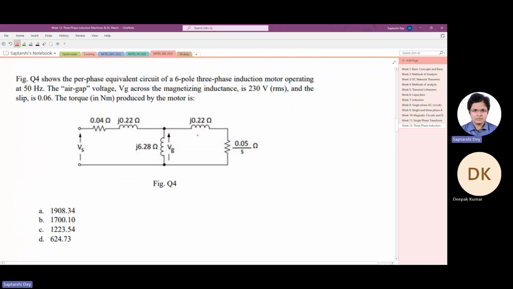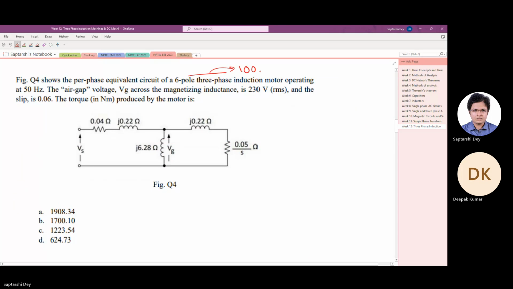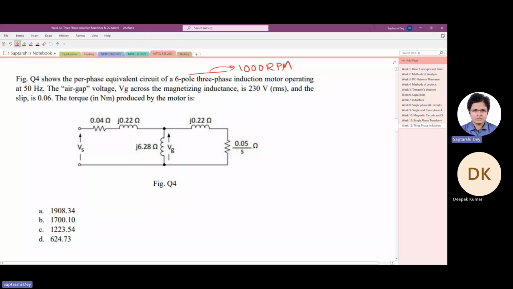So 6-pole 50 hertz gives us 1000 rpm. Induction motor operating at 50 hertz, the air gap voltage Vg across the magnetizing inductance, and the slip is this. How much torque is produced by the motor?